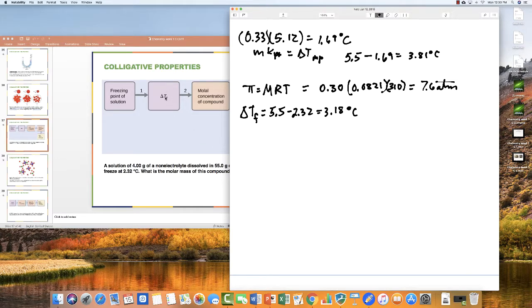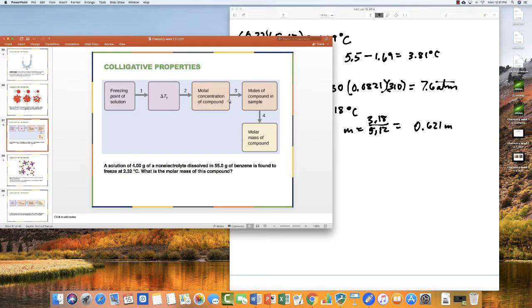Using that delta T_f, you then calculate the molality of the solution. Remember that delta T_f is equal to the molality times K_f, or in this case K_m, excuse me. And so the molality is going to equal delta T_f, which is 3.18, divided by K_m, which in this case is 5.12. So the molality is now 0.621 molal.